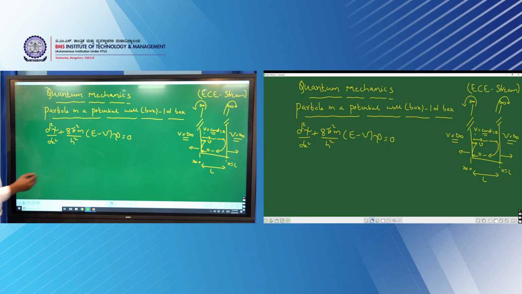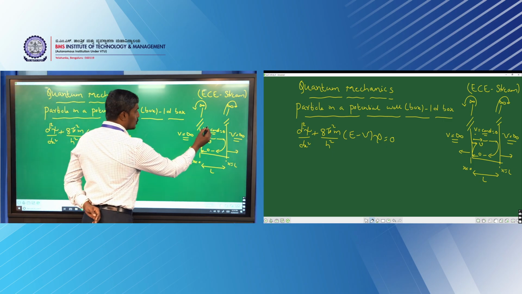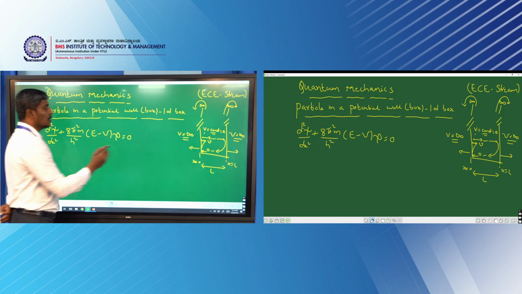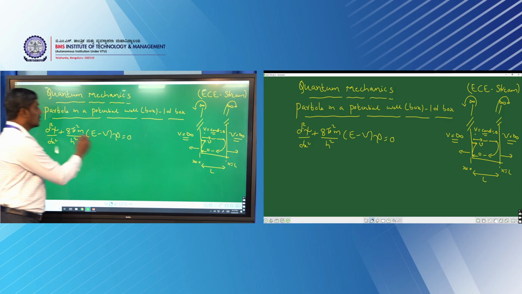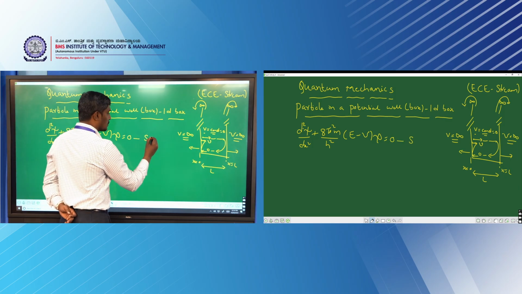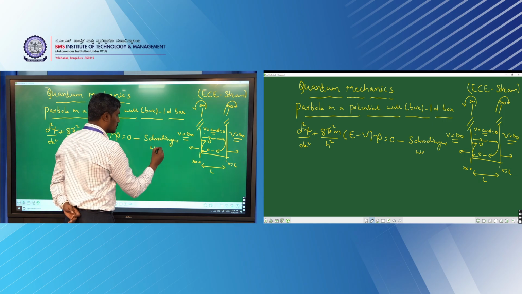Remember, U is the potential, which I can also call V, and E is the total energy of the particle. Let us apply this condition to the Schrödinger wave equation.